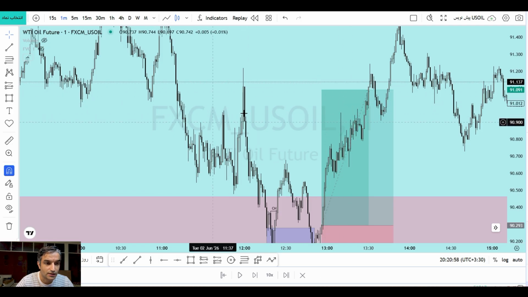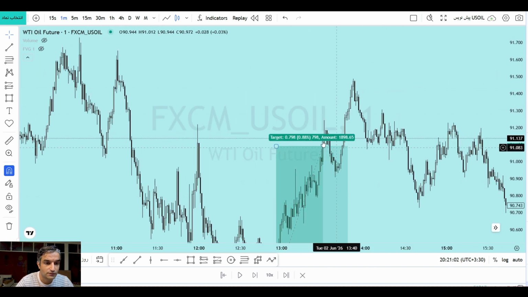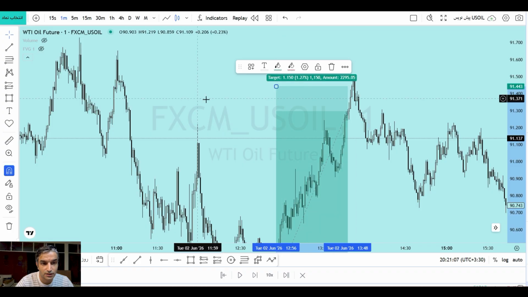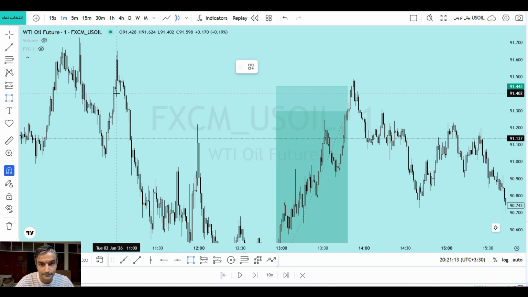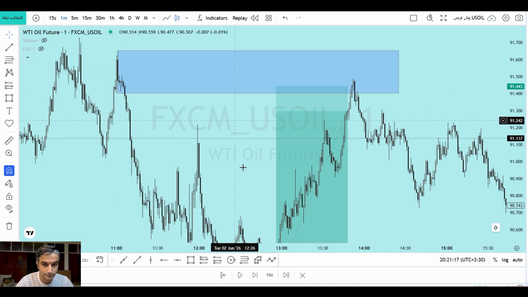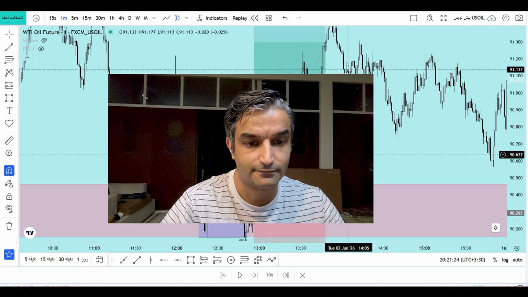Price had a reaction to that a little, but if you have patience, you can wait in the market, and price came up and had a reaction to this block. Its risk reward ratio is around 5.